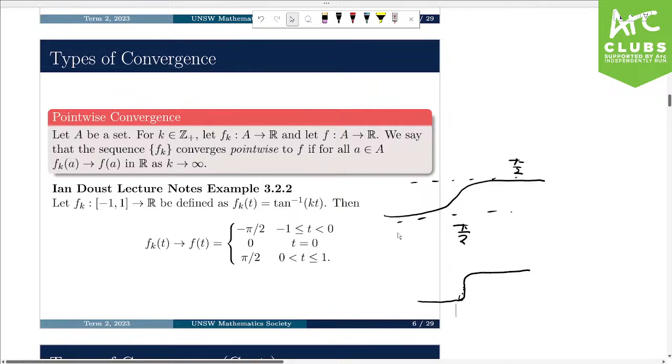And we can show that for any single point, we can take k large enough so this point can be as close to this function as we want.